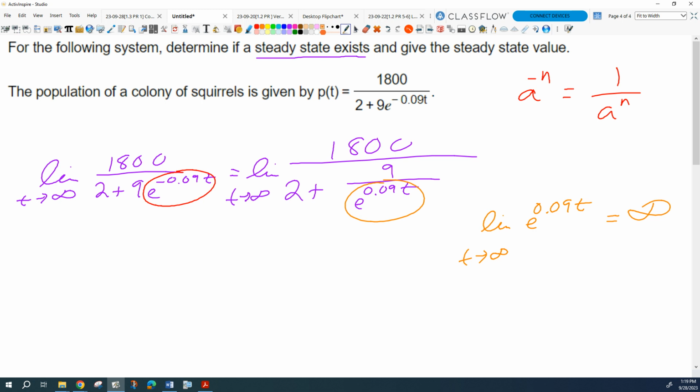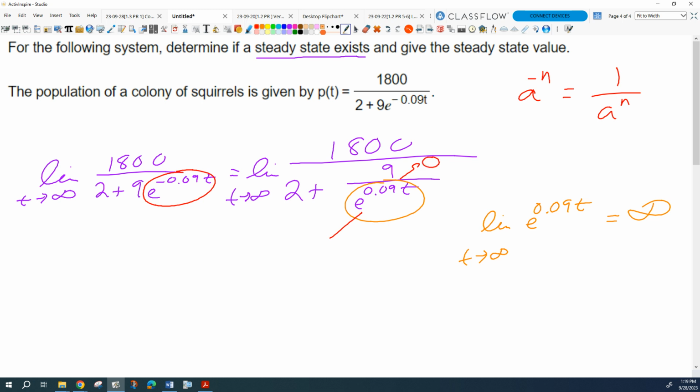Well, what's 9 divided by a huge number, a number approaching infinity? 0, right? I get a big number in the bottom of this fraction and 9 on the top. So this whole term, that fraction, is going to approach 0.